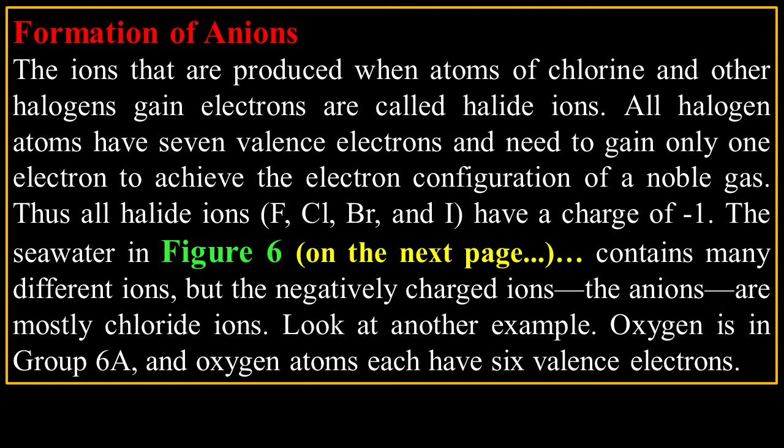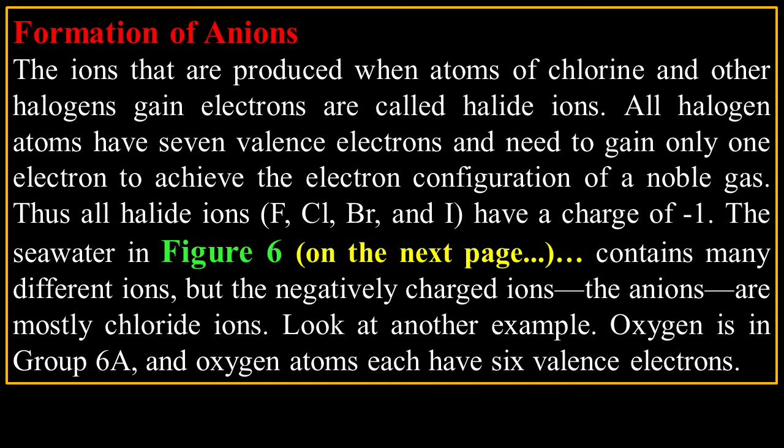The ions that are produced when atoms of chlorine and other halogens gain electrons are called halide ions. All halogen atoms have 7 valence electrons and need to gain only 1 electron to achieve the electron configuration of a noble gas. Thus, all halide ions have a charge of -1.